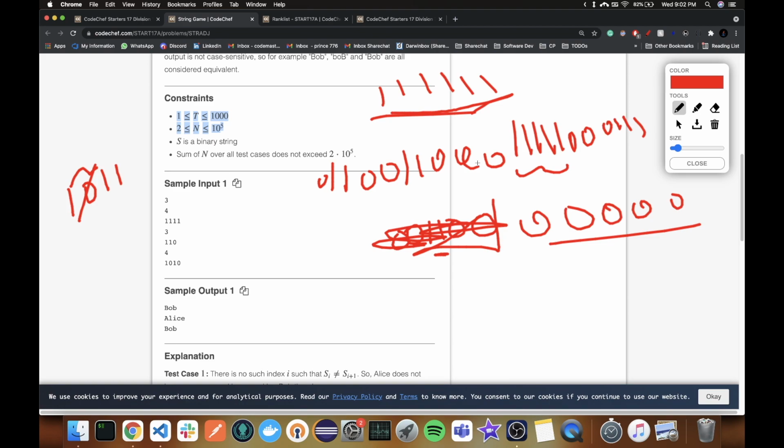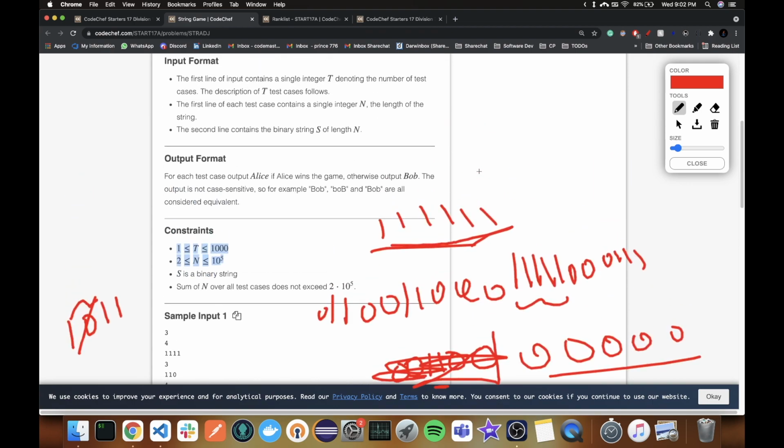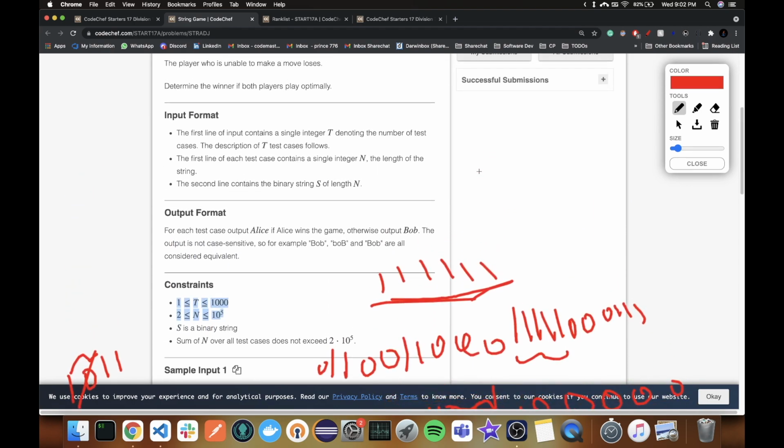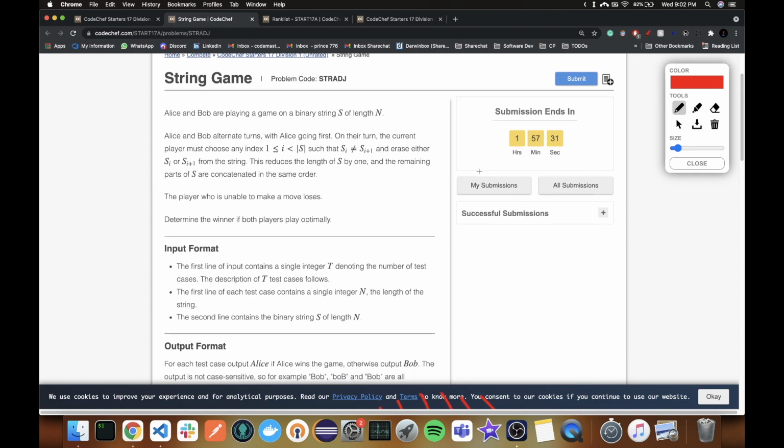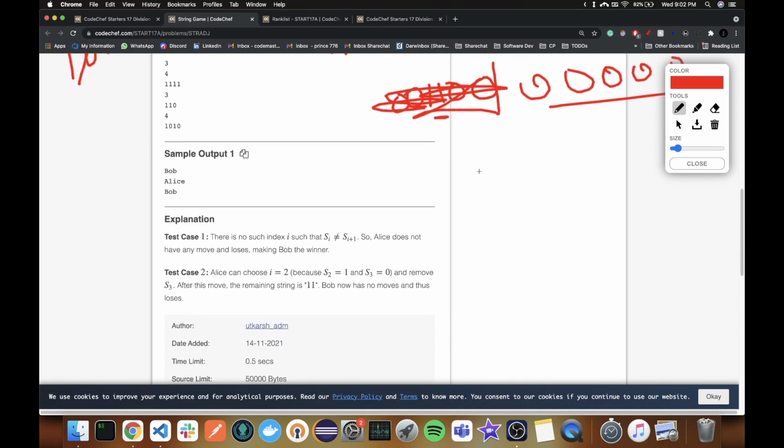What will be the final state? I don't know.